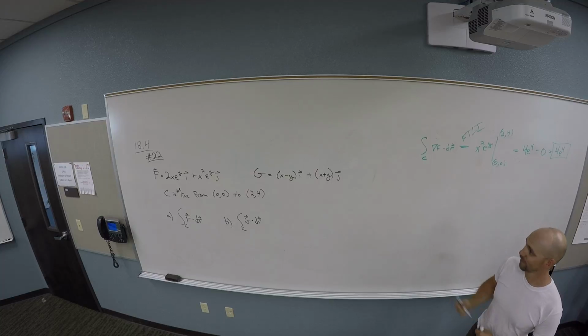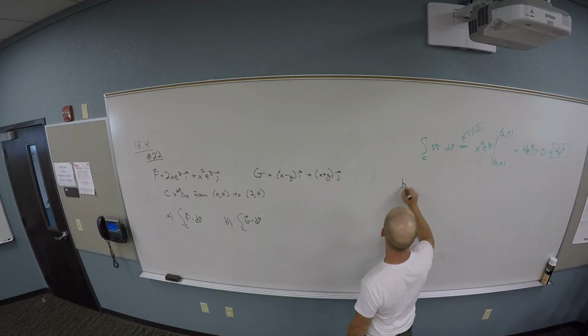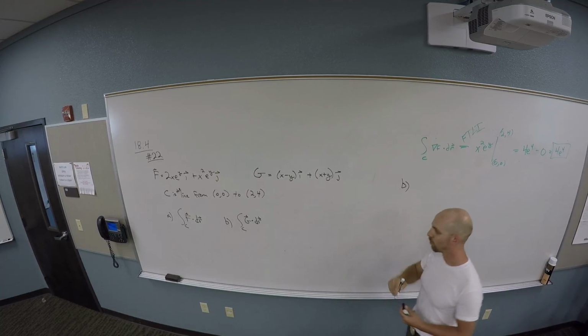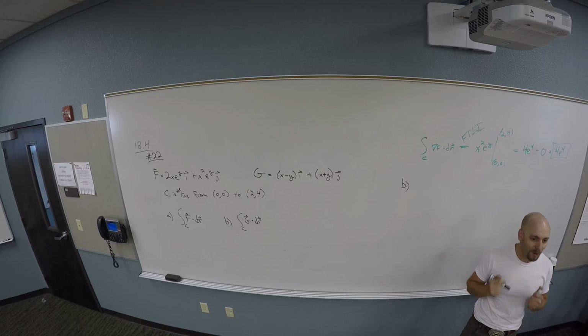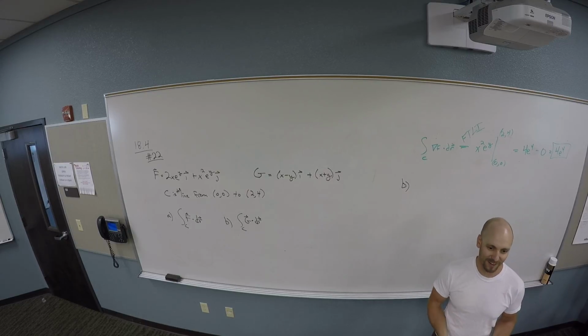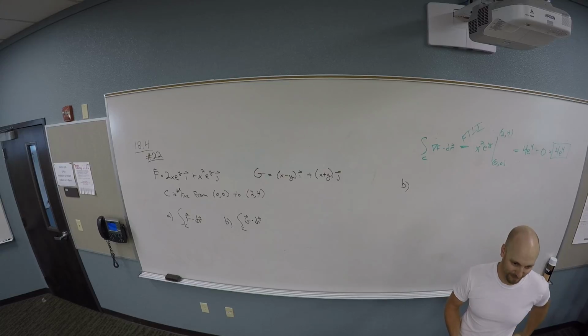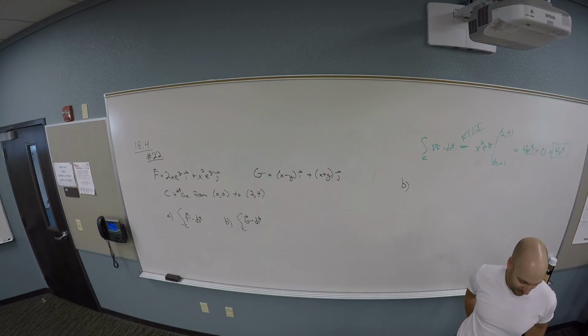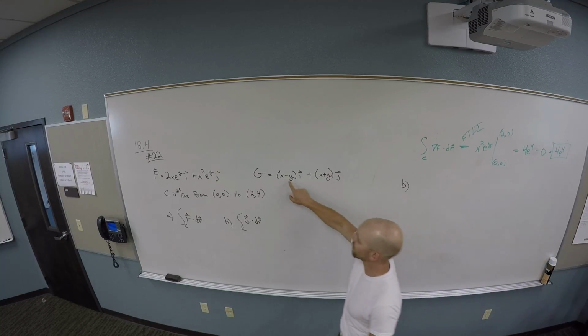Part B. Ew. It's not super ew, could be more ew. Okay, so what should I think? I just had so much luck using the fundamental theorem, so I would think to myself, try it at least. You should spend at least 30 seconds just thinking, is this the gradient of something?